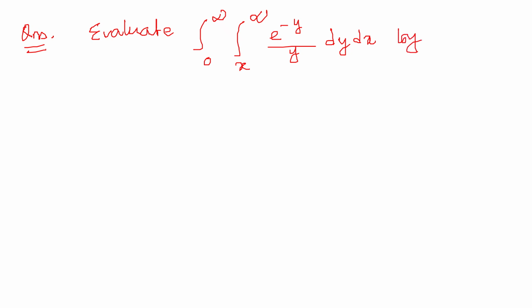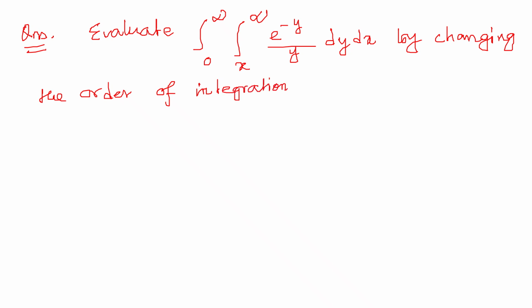By changing the order of integration. Suppose the order of integration is not mentioned, then you can do it by the usual method, that is the simple double integration concept, but here it is mentioned that you have to change it.